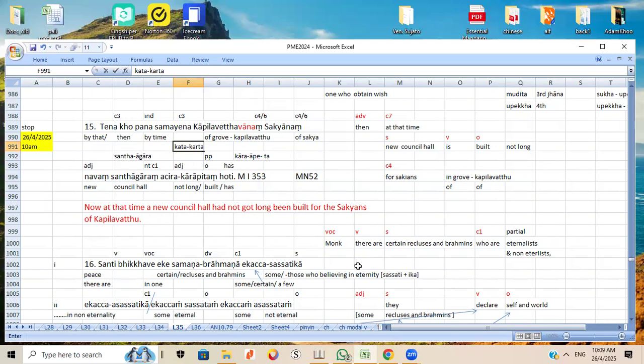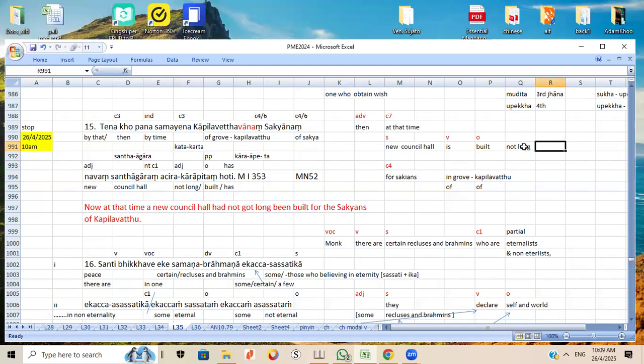So in translation, we don't have to use that, because in the sentence we don't know who caused it, who built this. So what they do is: the new council hall is built. So this is another adjective to it. This is also a compound. Chira is long. Achira is not long. So the new council hall is built not long ago.